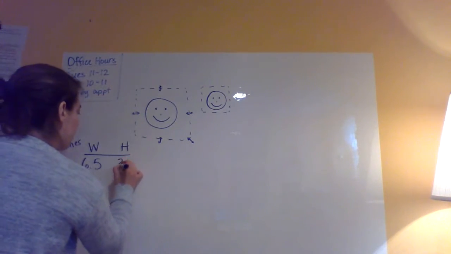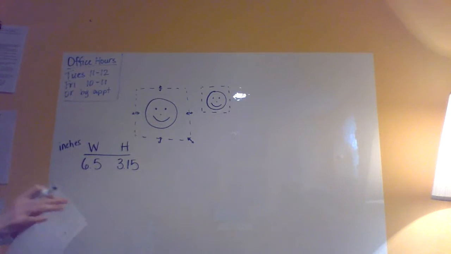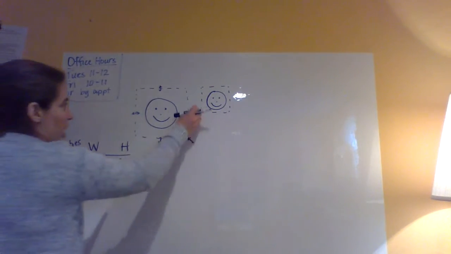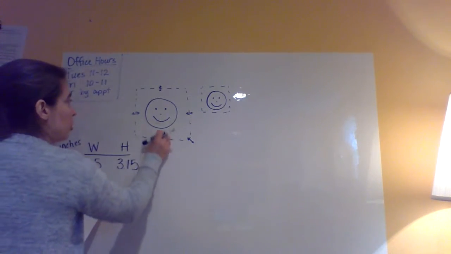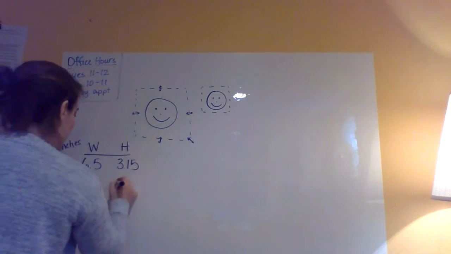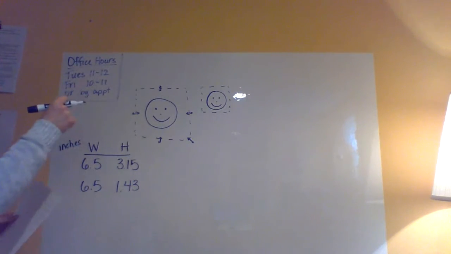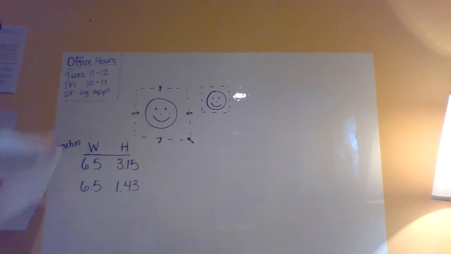So 6.5 and 3.15. That's what I started out having my image at. And then, so this is the height, so I'm changing this. I pushed the height up. So it was still 6.5 inches wide, but now it was only 1.43 inches tall. So it's still just as wide, just scrunched up.